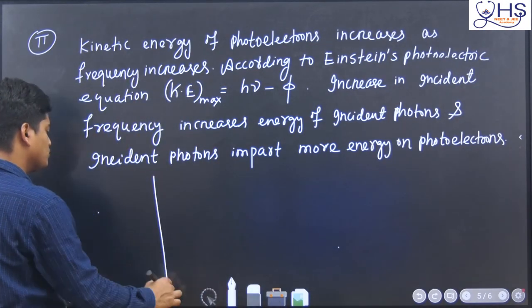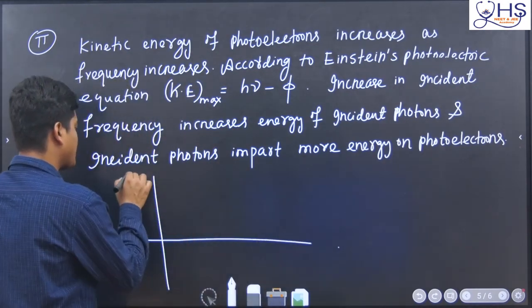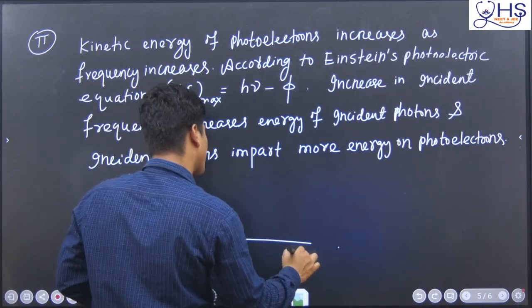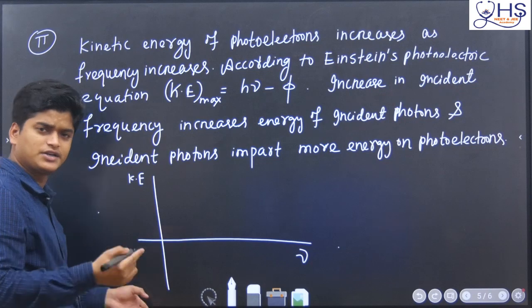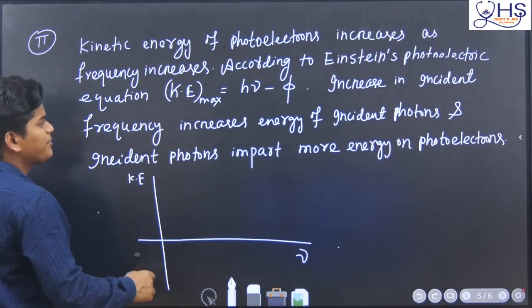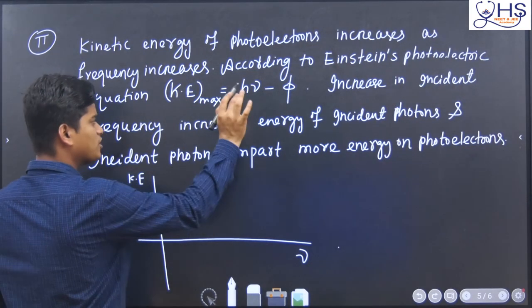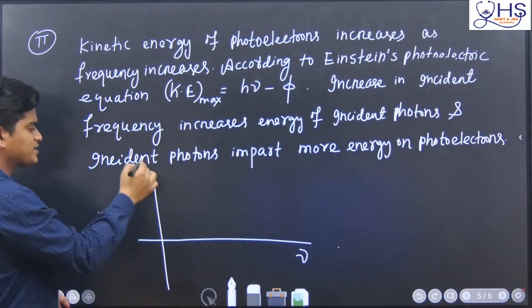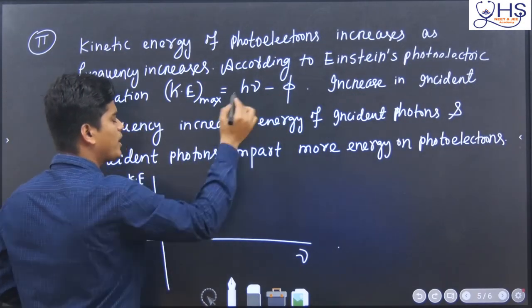If you draw a graph, it will definitely be a straight line graph. Now, take kinetic energy here, and you can write nu or f for frequency, no issues. Remember, this is a straight line equation. In a straight line equation, this is the y intercept. In the y axis you have taken kinetic energy, and it is a negative y intercept.